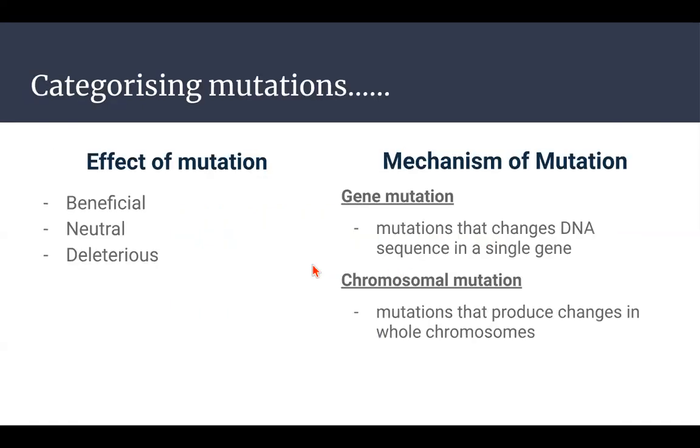There are different ways of categorizing mutations when we ask the question, what type of mutation is this? The first way to classify it is based on the effect it has on the organism that has the mutation. These effects are categorized into beneficial, neutral, and deleterious.